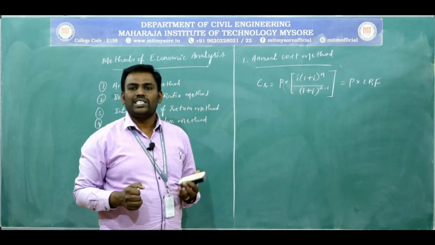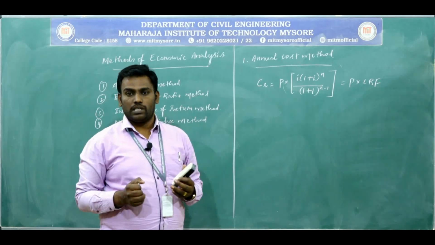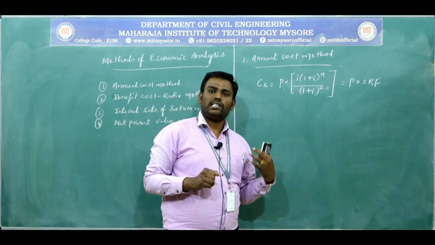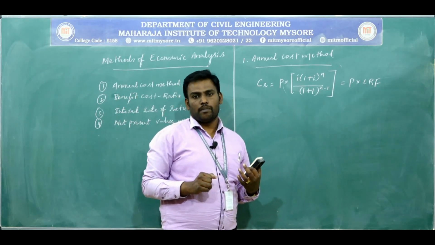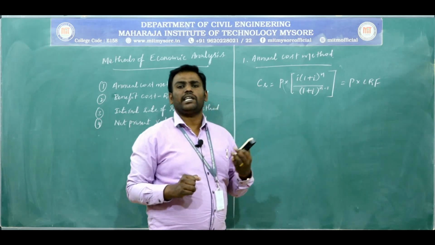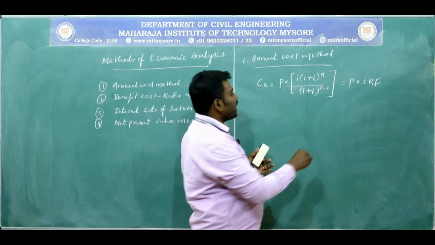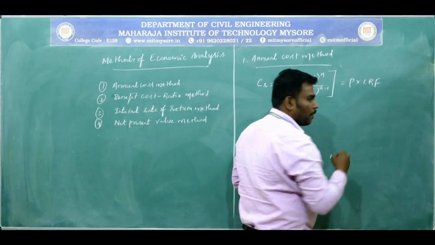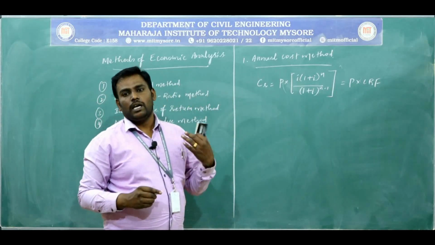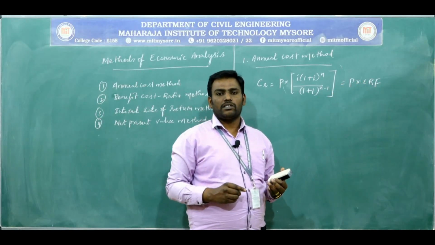The annual cost is considered for the economic assessment of highway projects. Usually the annual cost of the capital improvement will be obtained by multiplying by the capital recovery factor CRF.